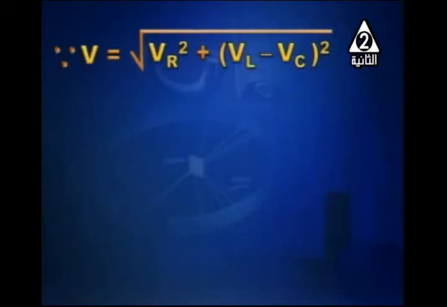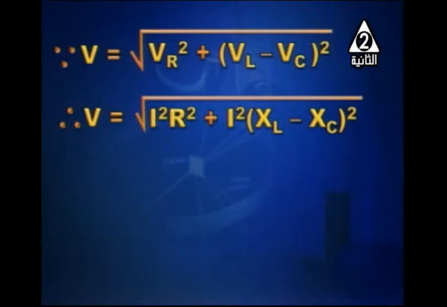And now, V is equal to the square root of VR squared plus VL minus VC all squared. So we can say VR squared is equal to I squared R squared. VL squared is I squared XL squared. So I squared will be taken as a common factor between two brackets, XL minus XC all squared.